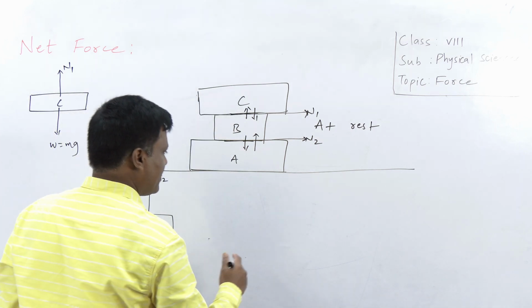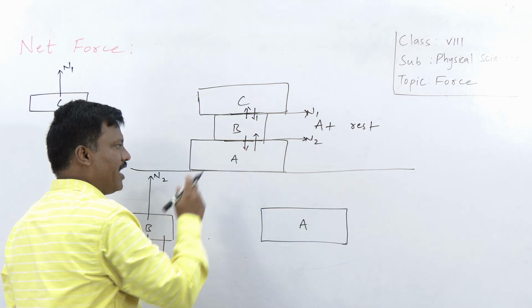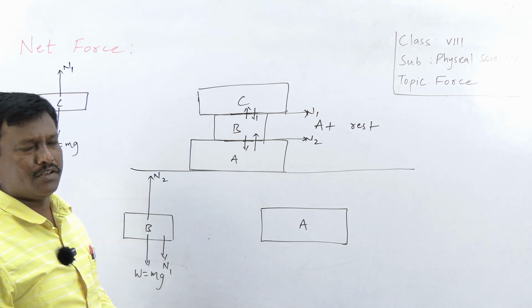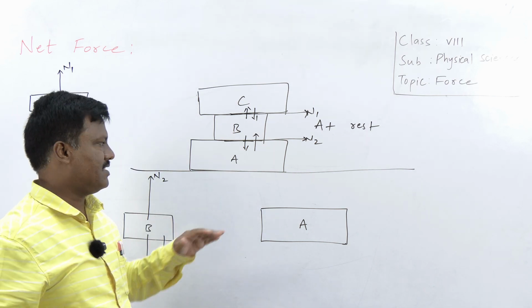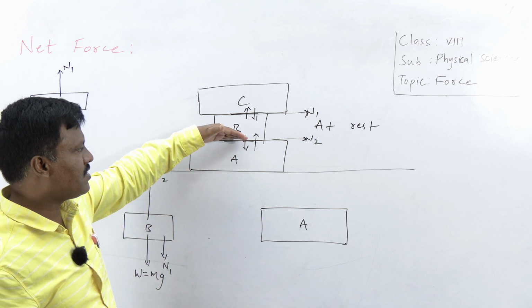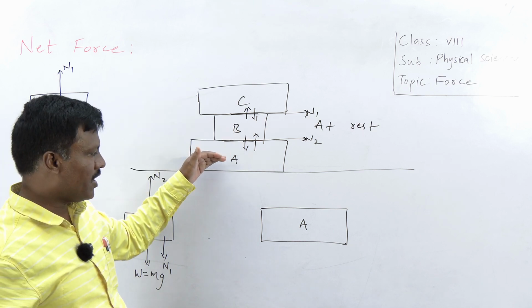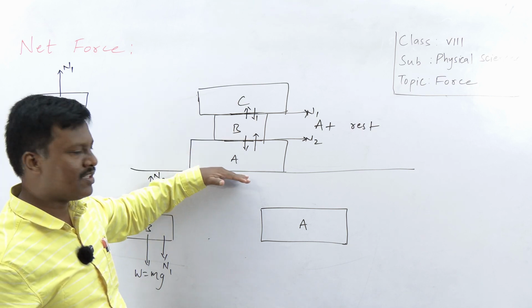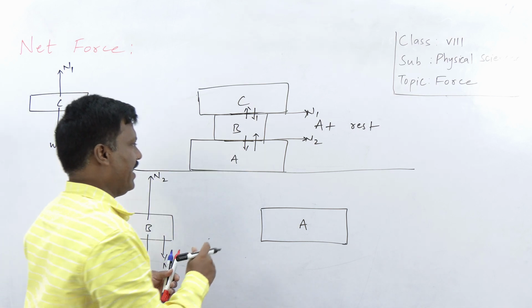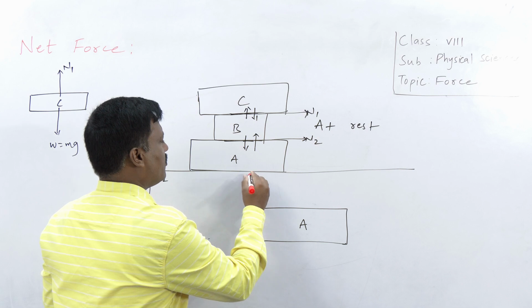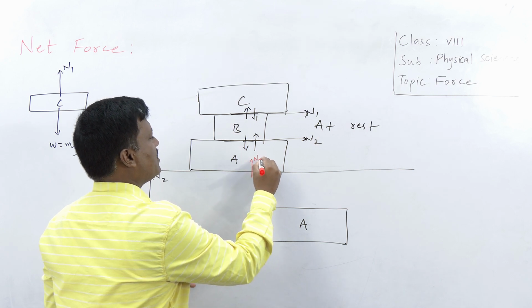Now let us consider block A. How many forces are acting on block A? First we have to understand which surfaces block A is connected with. Block A is connected with the surface of block B, and block A is on the floor. The floor also exerts a normal force on block A in the upward direction. Let's say that normal force is N3.